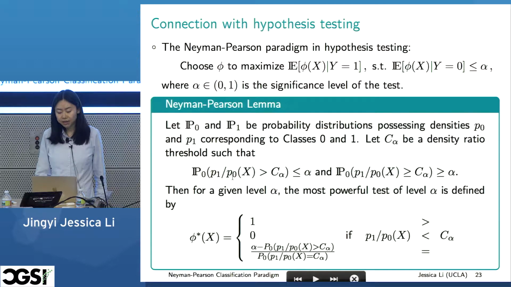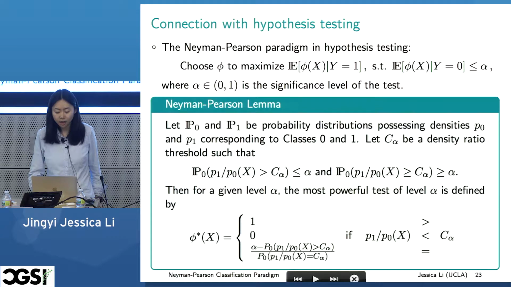In other words, it can maximize the power subject to the type 1 error constraint alpha. So you can see it is exactly our problem under the classification setting, because we also want to achieve this constraint as our type 1 error control. And maximizing the power in the testing setting is equivalent to minimizing type 2 error in our classification setting. Realizing this connection, we borrow the name Neyman-Pearson.